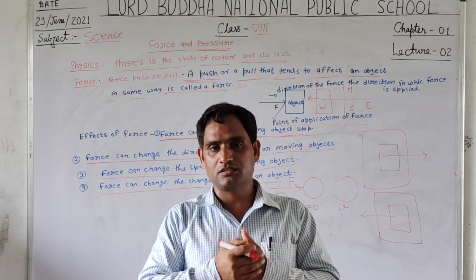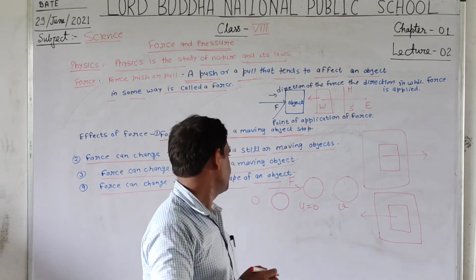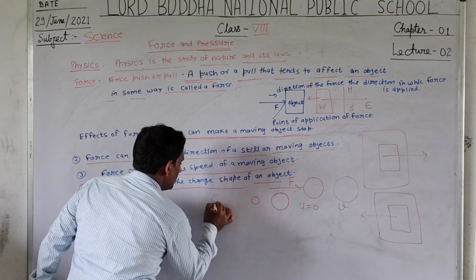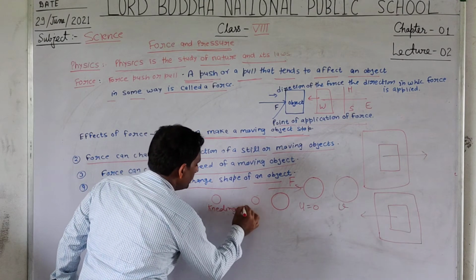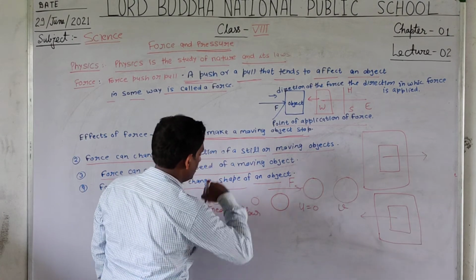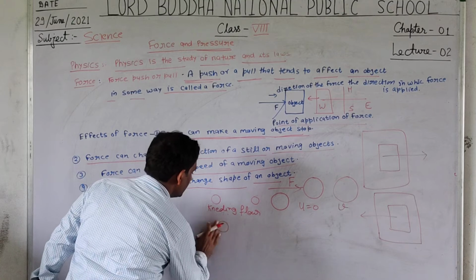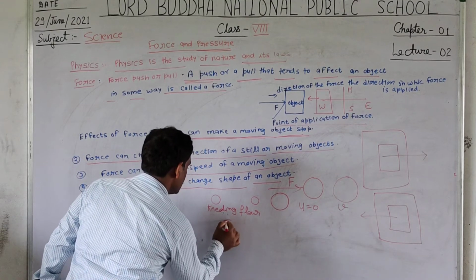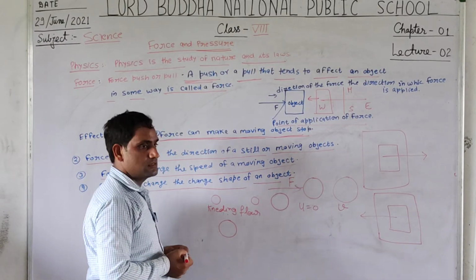After applying force, she makes circular cakes. When we apply the force, it becomes circular. After that, the shape changes.